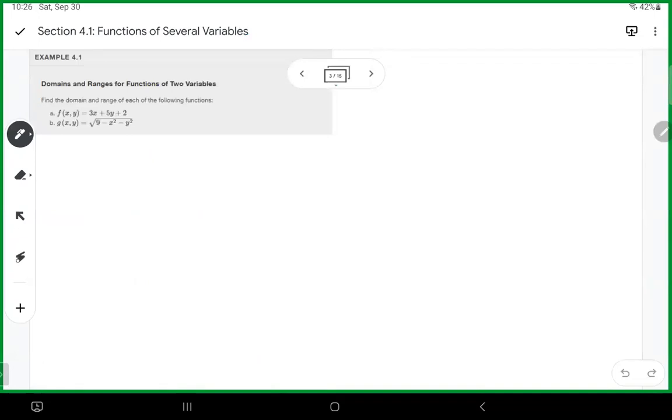All right. Next one is going to be for part B. We are given g of x, y is equal to the square root of 9 minus x squared minus y squared. So for the function g of x, y to have a real value, the quantity under the square root must be non-negative.